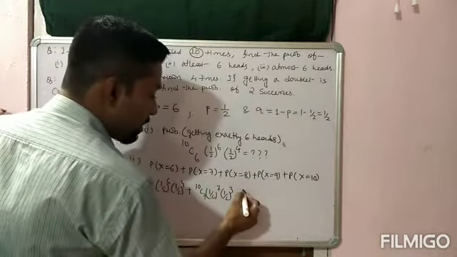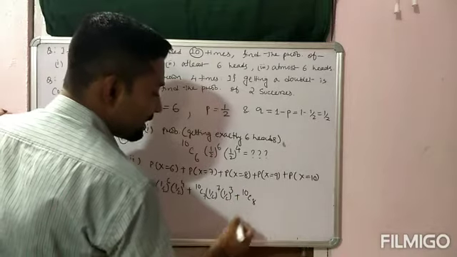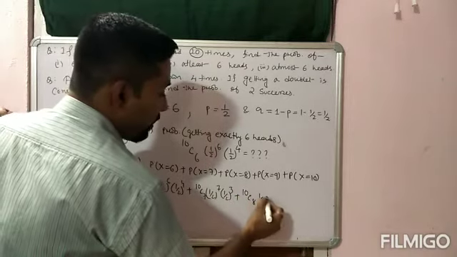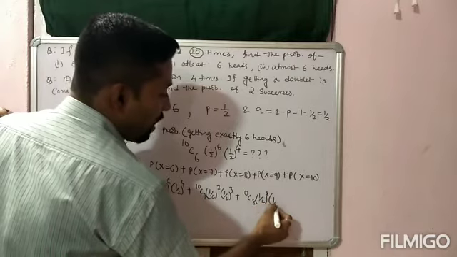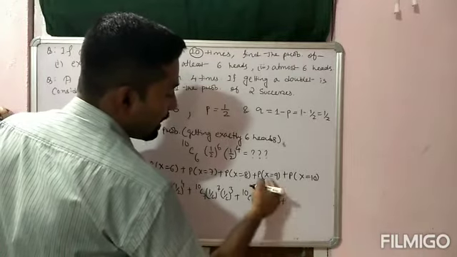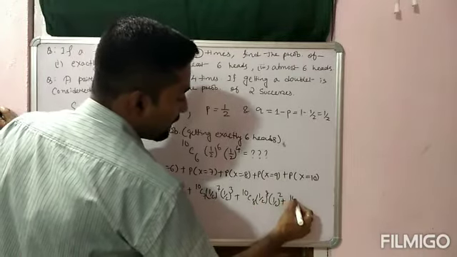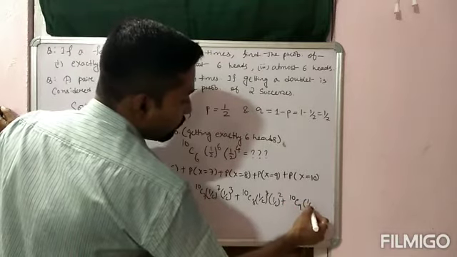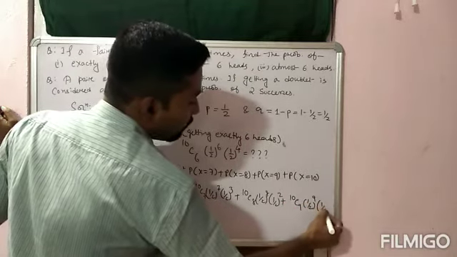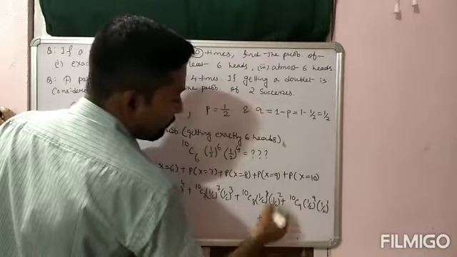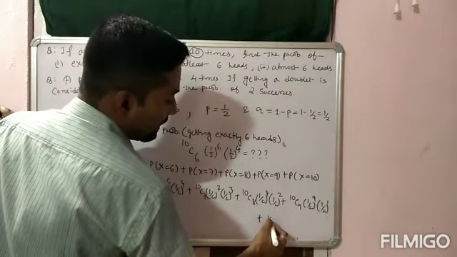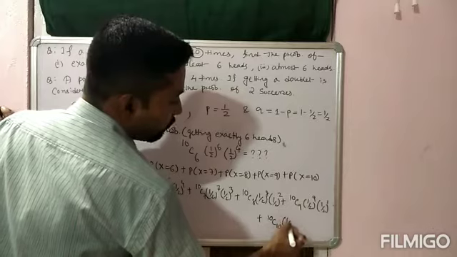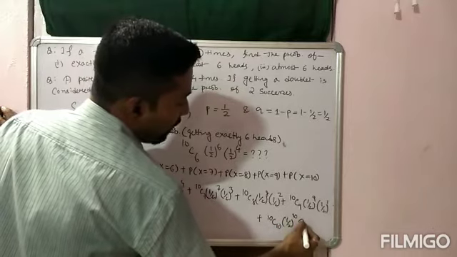So for P of x equal to 8, 10C8, okay, half to the power 8 into half to the power 2. Similarly for P of x equal to 9, 10C9 half to the power 9 into half to the power 1, plus for P of x equal to 10, 10C10 half to the power 10 into half to the power 0.